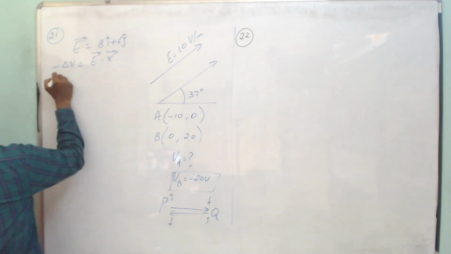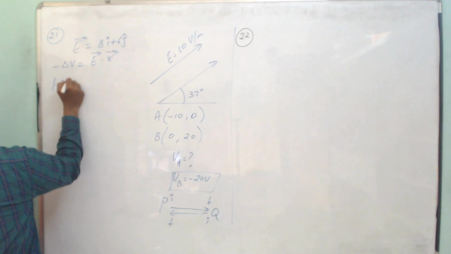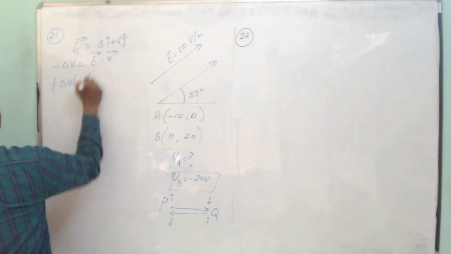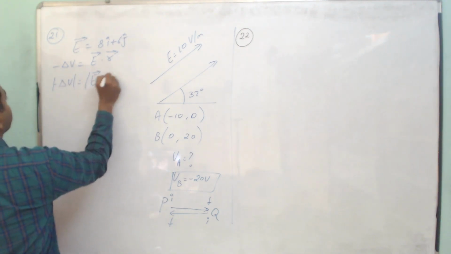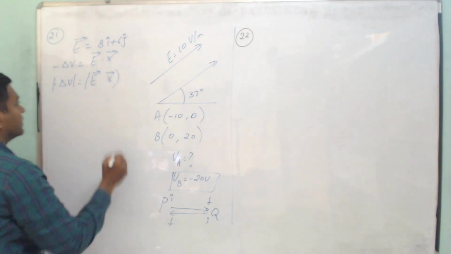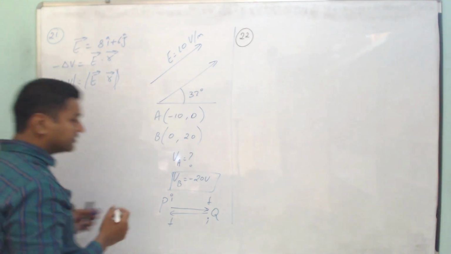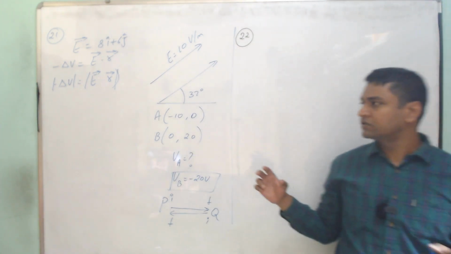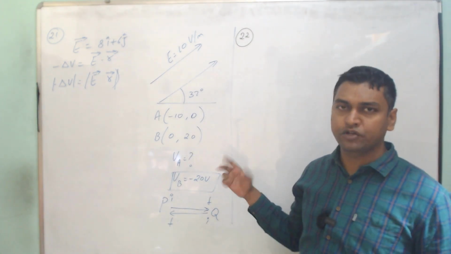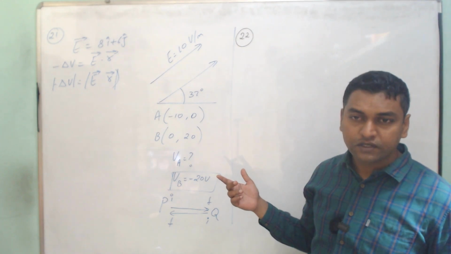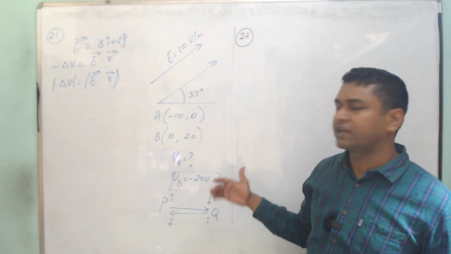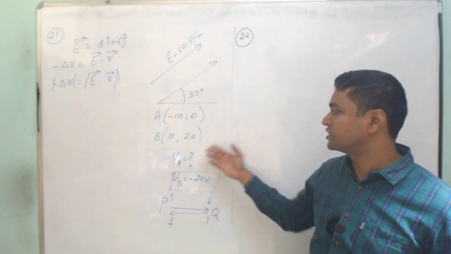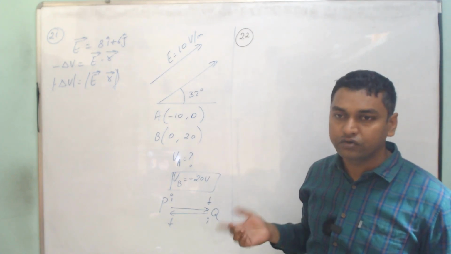What is the intuitive way? The magnitude of minus delta V is equal to the magnitude of E bar dot R bar, and because I know the higher potential, lower potential story, by intuition I will figure out what is the potential at A. That also I can do, right?